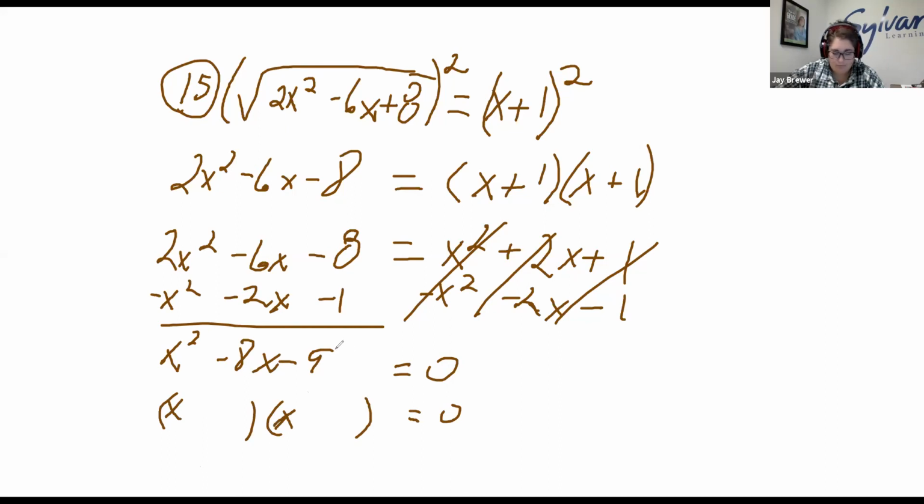Oops. Nobody caught my sign error. It's all right. I'll forgive you. All right. If we have a positive 7, but we want to get a negative 8 in the middle, what are we going to use?